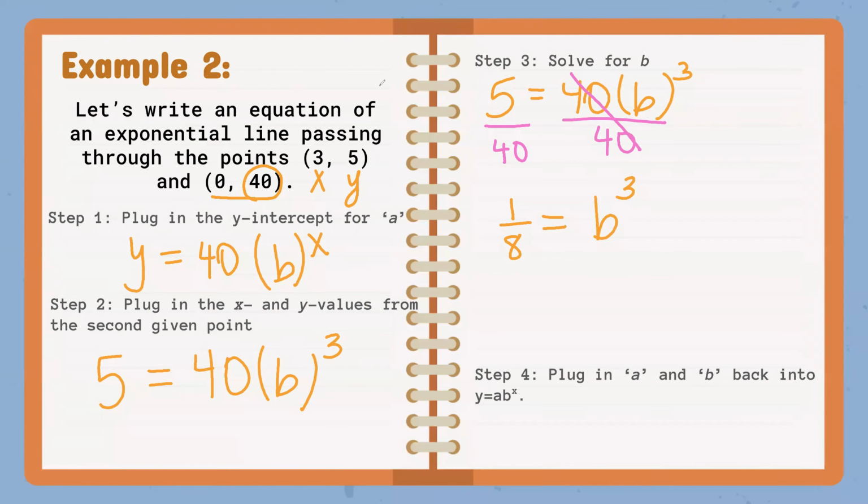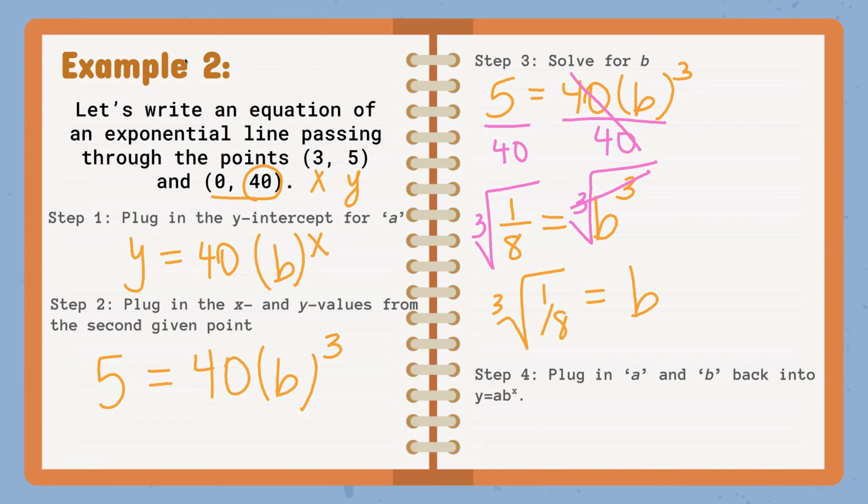To undo this cube, I need to cube root it. So I'm going to cube root both sides. When I cube root a cube, it cancels. And I'm left with the cube root of 1/8 is equal to B.